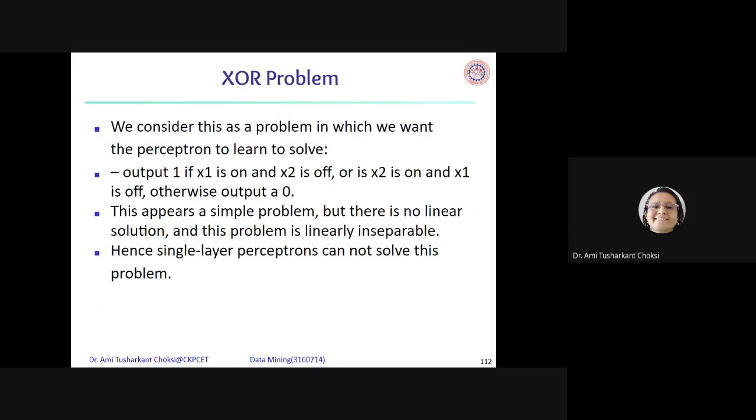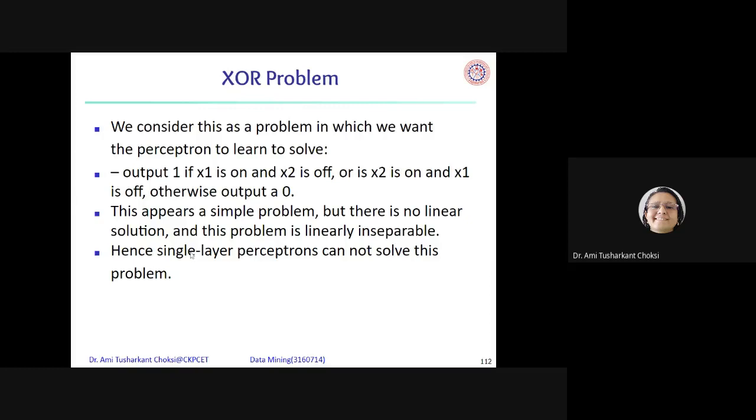We consider this as a problem which we want the perceptron to learn to solve: output 1 if x1 is on and x2 is off, or x2 is on and x1 is off, otherwise output is 0, right? This appears a simple problem, but there is no linear solution, and this problem is not linearly separable.